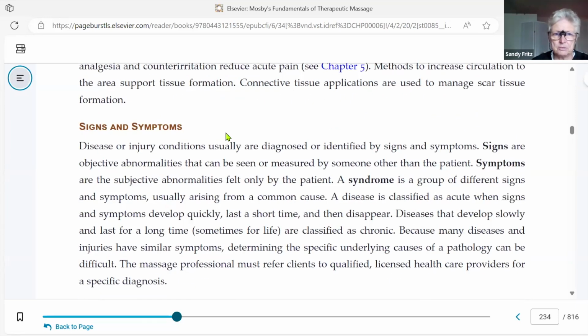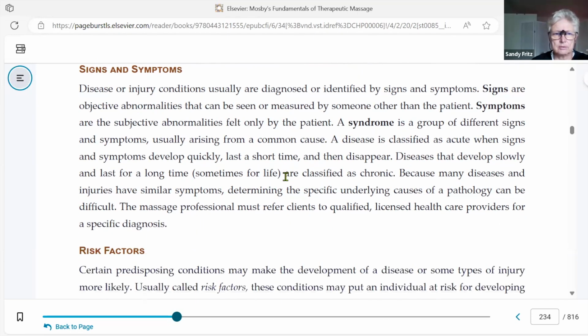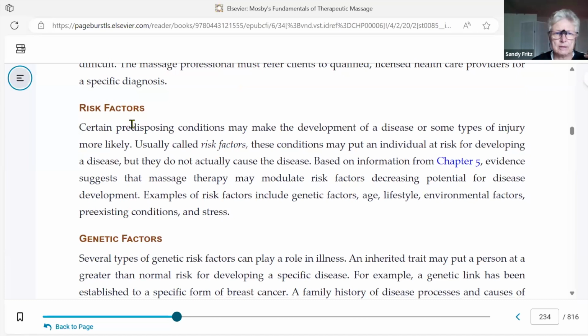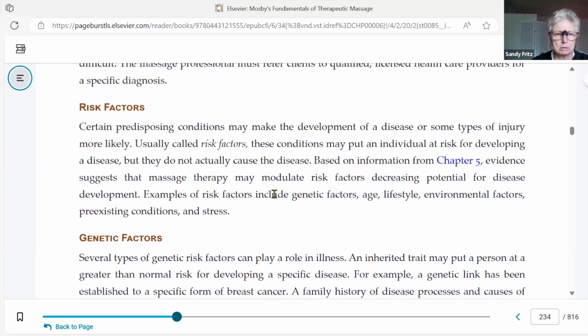Signs and symptoms, you want to know what the difference is between those. If it's bolded, it's a word you need to know. Here's a syndrome, and then here are various risk factors that increase the potential that we're going to fall into some sort of pathological state, or the homeostasis is not going to be able to restore.